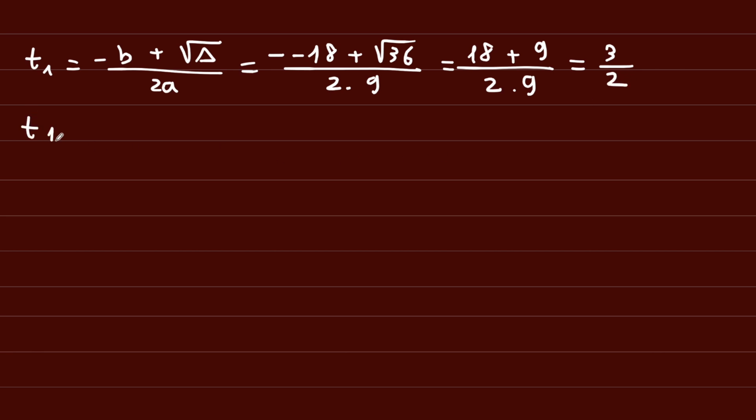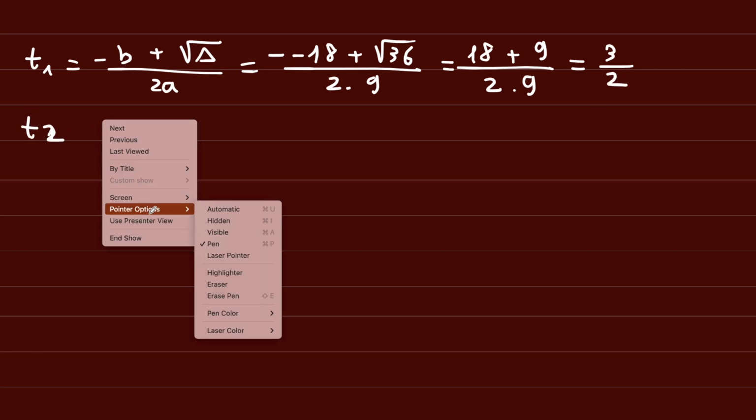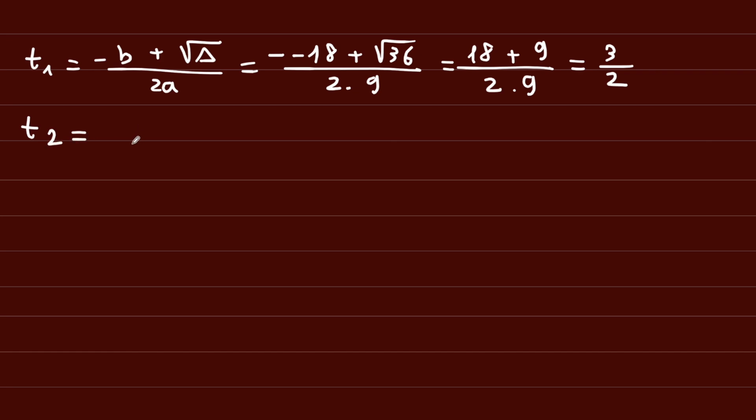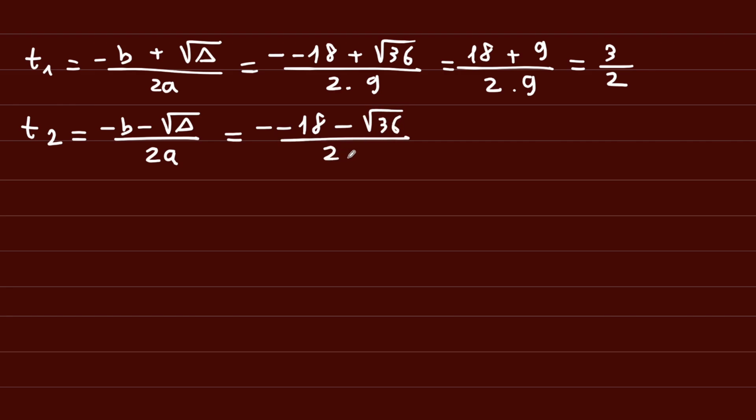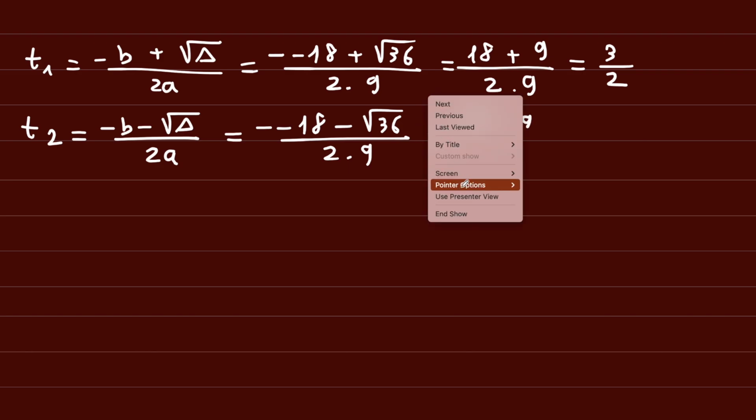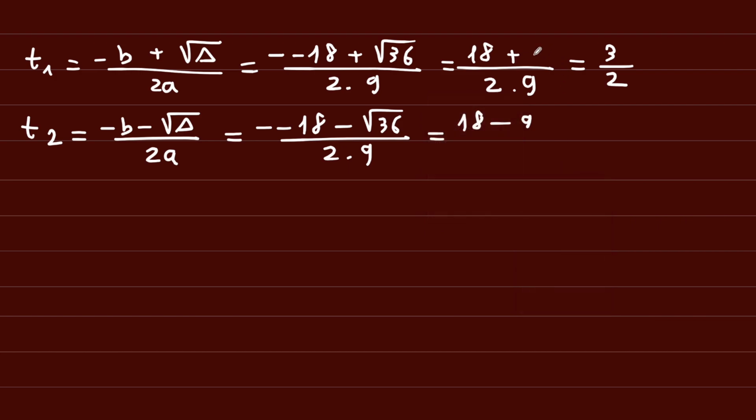And the second one, here is t2. For t2 here, you will have minus b minus the square root of the discriminant, divided by 2a: 18 minus the square root of 36, divided by 2 times 9. Here is 18 minus, oh sorry, that is not 9, that is 6.